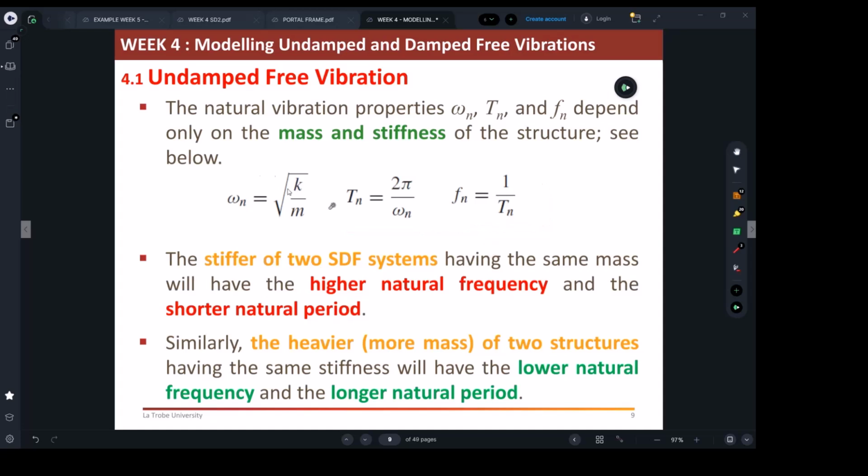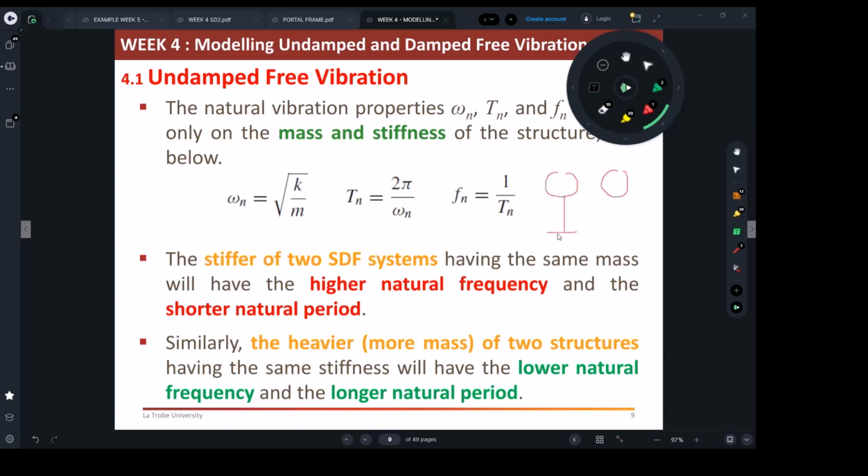Now, before we leave this section, I just want you to imagine things more. A stiffer one of 2 single degree of freedom systems having the same mass will have higher natural frequency. Imagine you have 2 systems, let me just draw them, single degree of freedom, with the same mass.